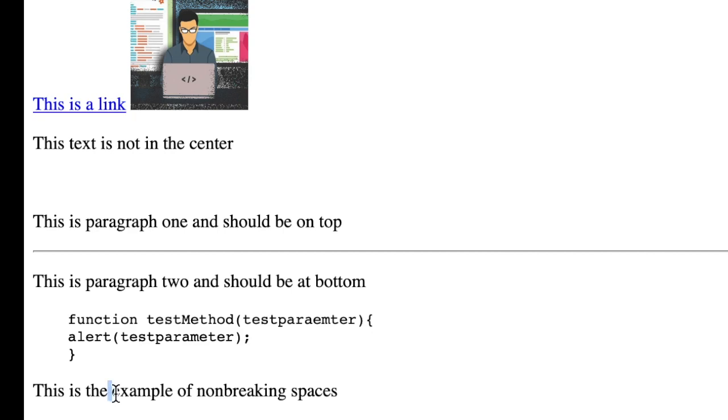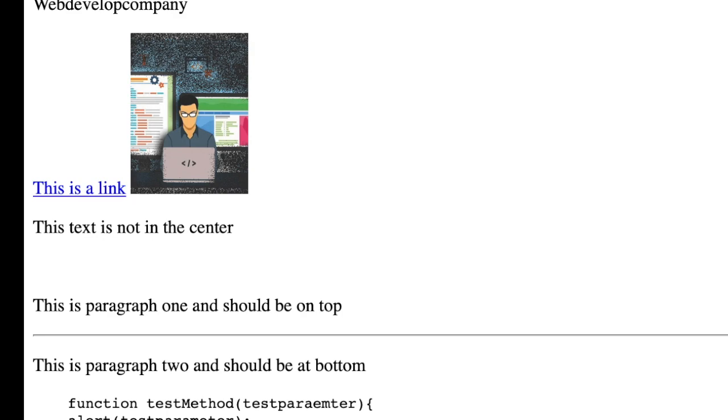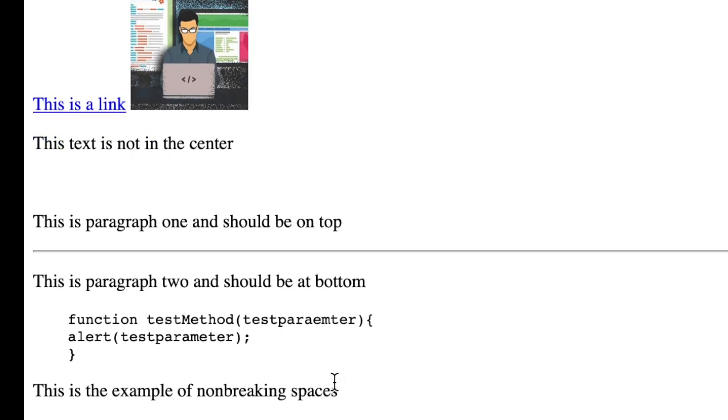So for this we go to the code directly and provide 3 spaces between each word. Now go to the result section and check. Here you can see that the 3 spaces are not reflected between each of the words.